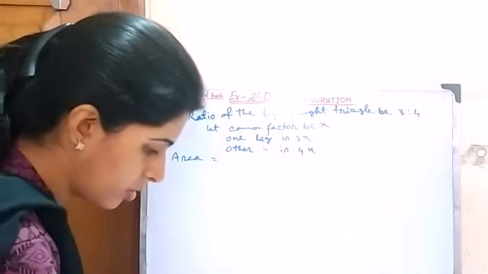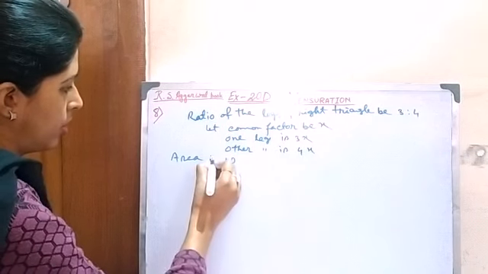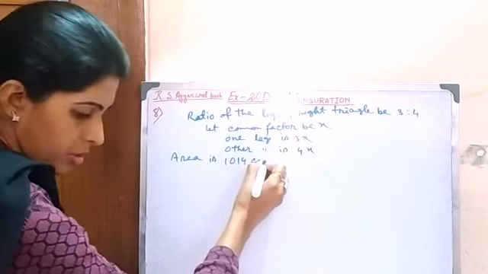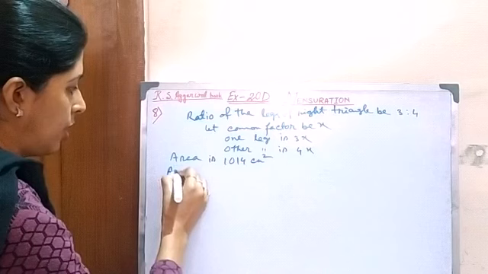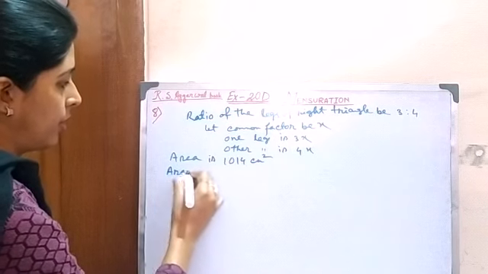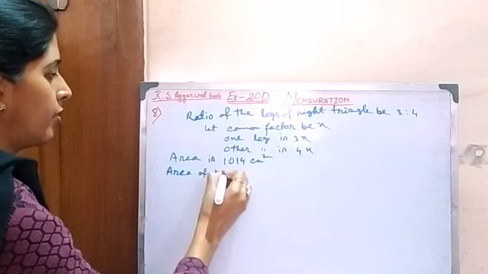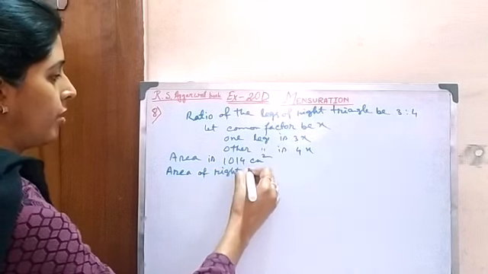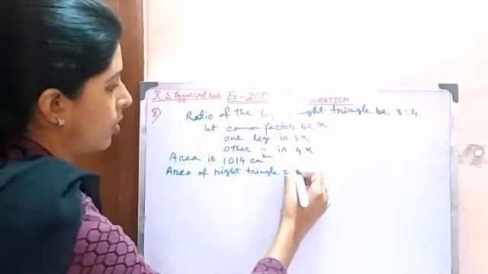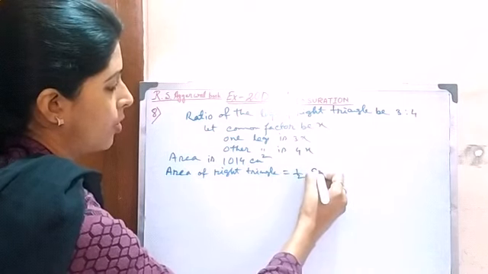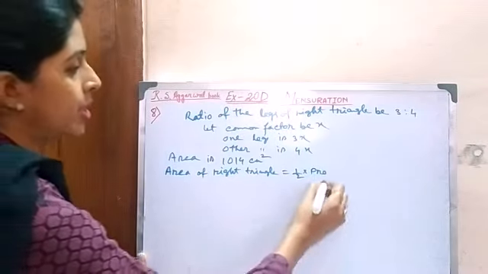Now area is given, area equal to 1014 centimeter square. Now I will write the formula of area of a right triangle. Area of right triangle equal to half into product of two legs, that means height into base.